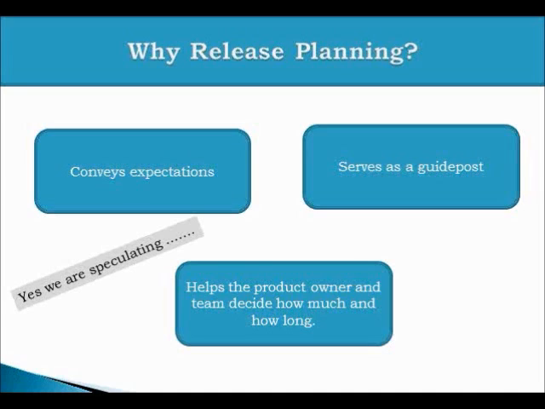The velocity which we estimated during release planning may get corrected while executing. But even with these uncertainties, it still helps to achieve all these three purposes. It still helps to convey the expectation to the business as well as to the team. It still provides a guide to the team while they are running iteration after iteration.